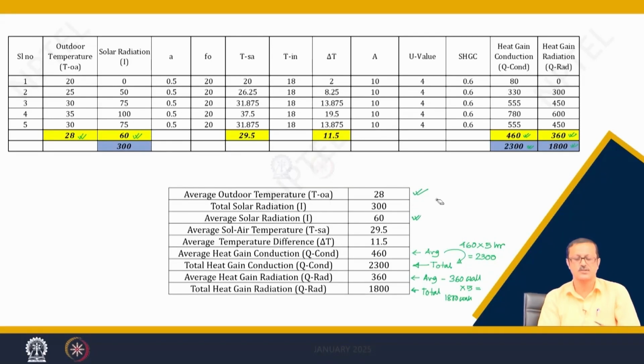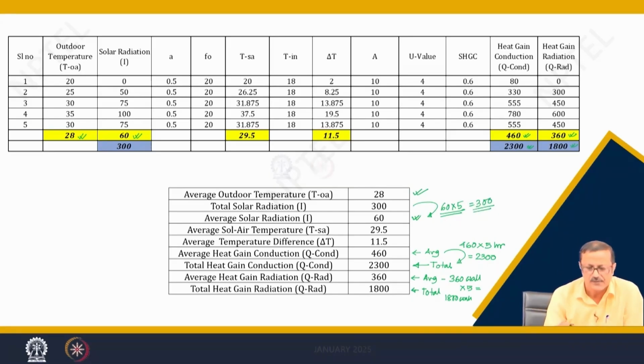The total is 300 for these 5 hours, 60 into 5 is equal to 300. Average solar air temperature is 29.5 and average delta T is 11.5.